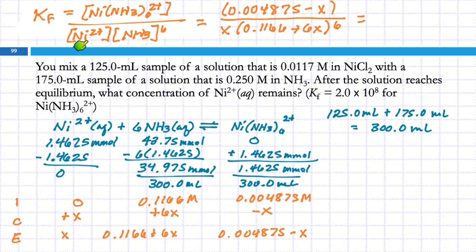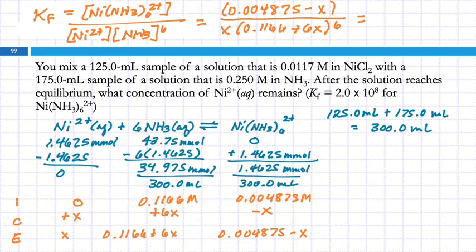If I wrote the equation backwards, then my equilibrium constant would be nickel and ammonia over the other one. So it doesn't actually matter which way the equilibrium is shifting. It's just, are you writing the equilibrium constant expression for the reaction as written? Does that make sense? That was a great question.